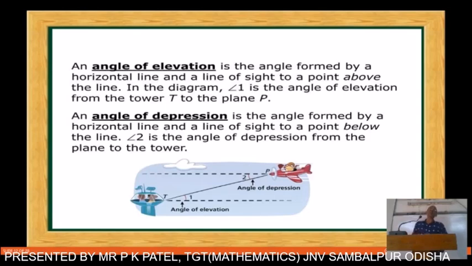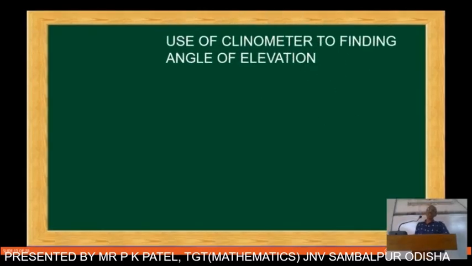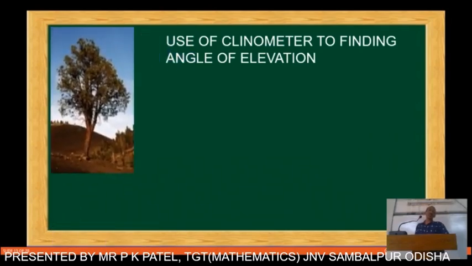Using these terms, we'll now solve some problems related to height and distance. Before that, we'll discuss how to use the clinometer for finding the angle of elevation. Mark here, this is a tree. For measuring the height of this tree from this point, how do we measure the angle of elevation for observing the top of the tree?